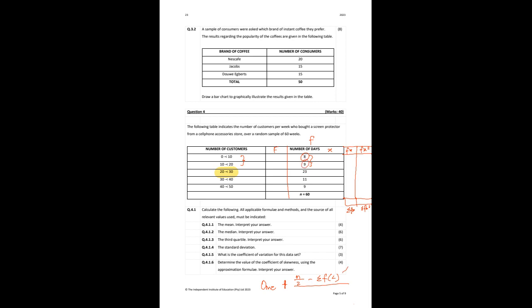And then the frequency of the median group, if this is the group that you selected as your median group, then the frequency of that group is 23. So that would be 23 in your denominator. And then the C on the outside, or if you're putting it into the numerator, is just the interval width. It's the difference between the values that make up your interval. So you could just work out the difference between 20 and 30.